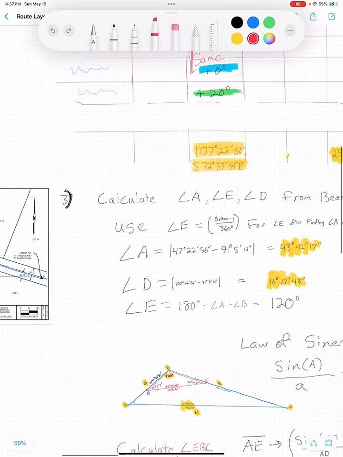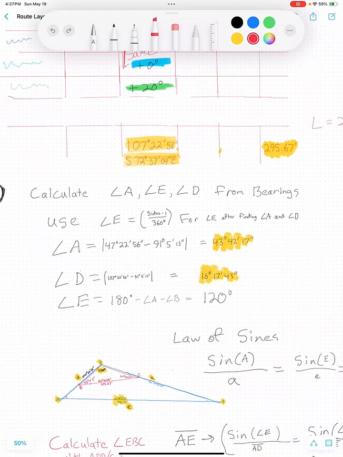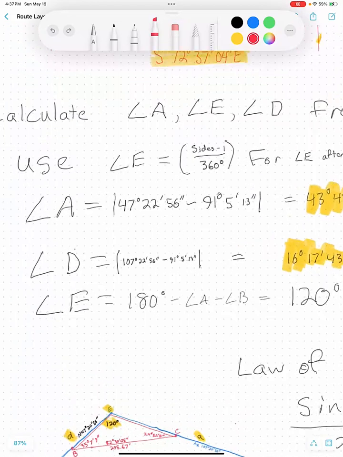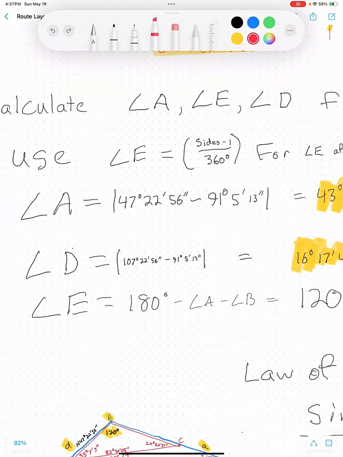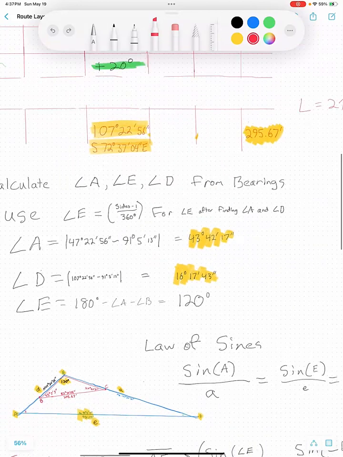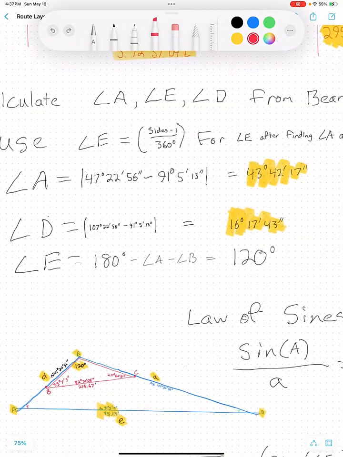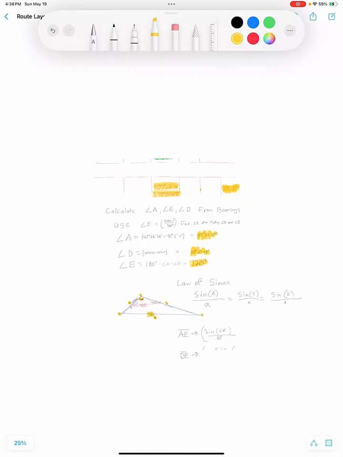That was the new one that we calculated. So that gives us an angle of 43.4217. And then angle D is that 107.2256 minus 91.513. That gives us the 16.1743. And then we know the last one is just 180 minus A and minus D, which just so happens to be 120. And that's where that guy came from.